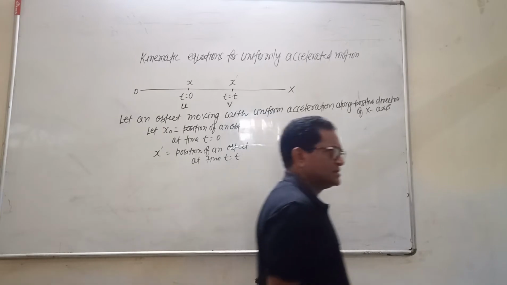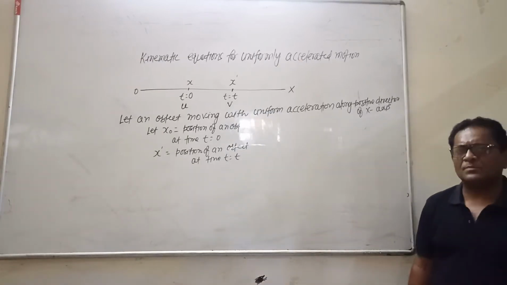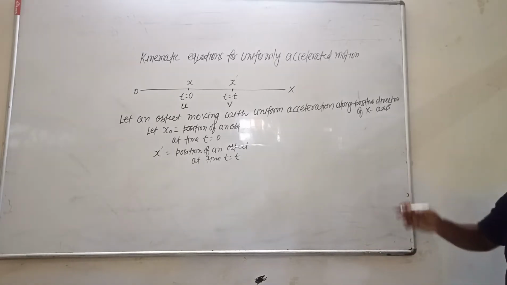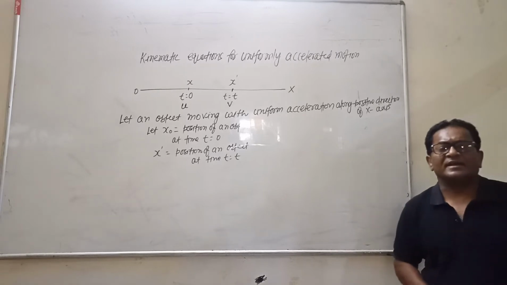There are two positions, x and x dash. At time t equals 0, the position of the object is x naught. At time t equals t, its position is x dash.